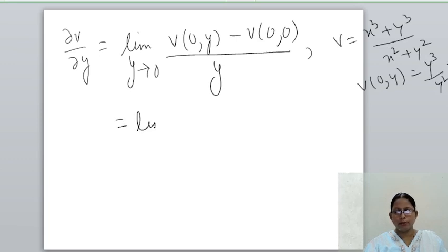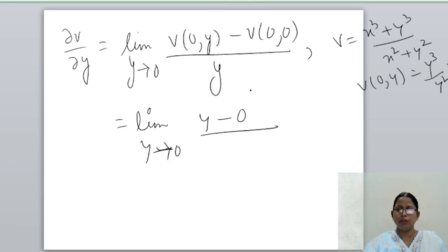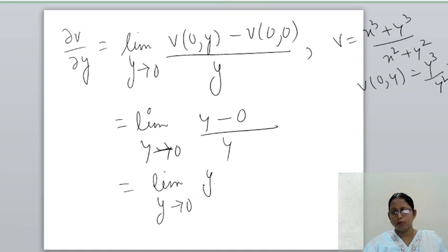So it is y minus 0, v(0, 0) will be 0, and the limit y tends to 0 of y by y is 1. So it is equal to 1.